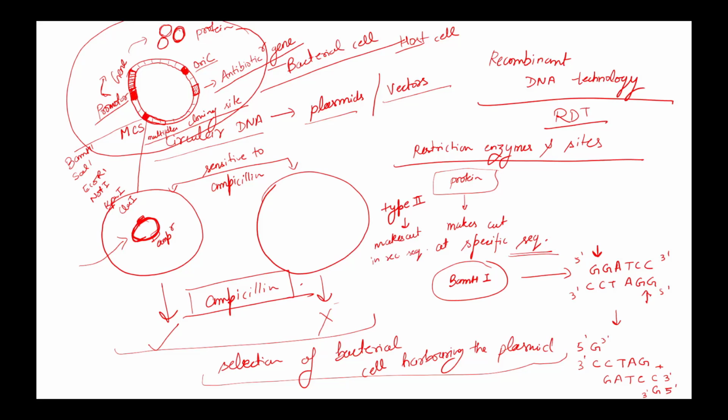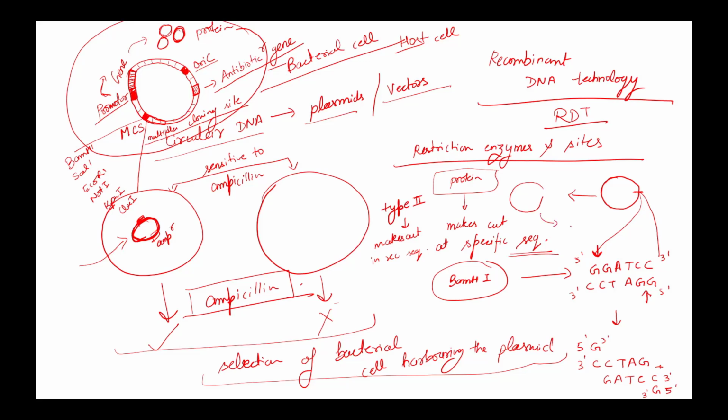So these will cut the DNA. Suppose I have a circular plasmid, this is my circular plasmid, and somewhere here I have the sequence which can be identified by the BamH1 enzyme. When I add BamH1 enzyme, it will make a cut here, and after the restriction digestion it will be open.